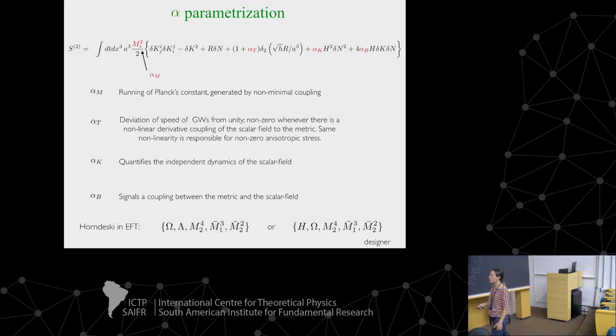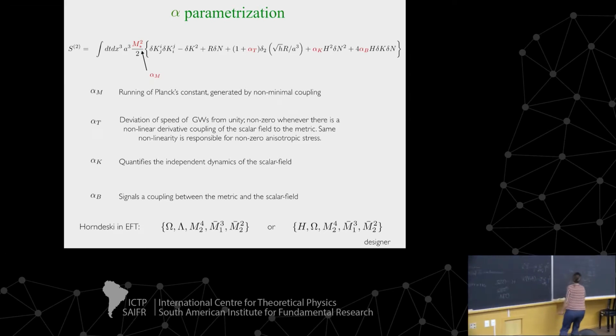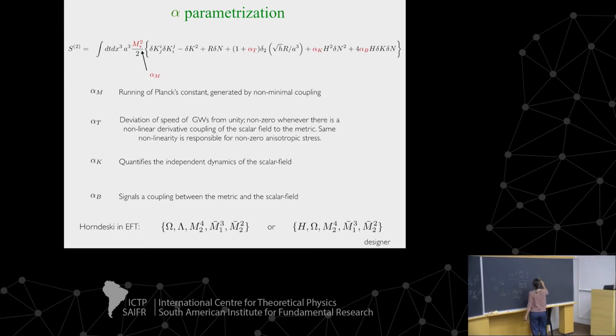So the counting works. You have either H, alpha M, alpha B, alpha K, and alpha T, or you have, in the other case, the two approaches, which I can think of as H, omega. I put myself in a sort of similar designer approach, and then I had the M_i's. I never remember the 3 M_i's. Or you have omega, lambda, and the 3 M_i's.